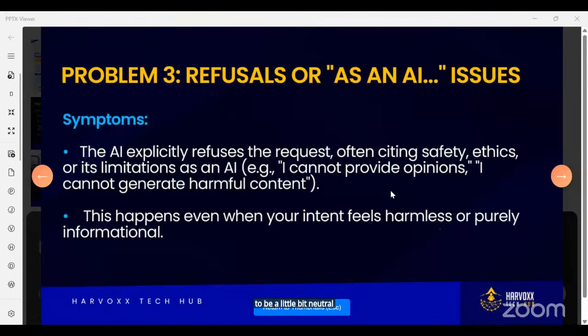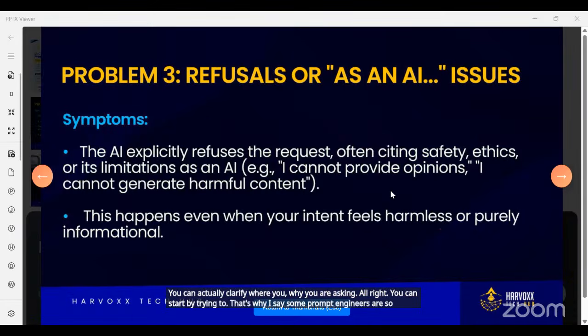You can also check the content policy, and you can clarify why you're asking. That's why I say some prompt engineers are so good that they can manipulate the system as much as possible.